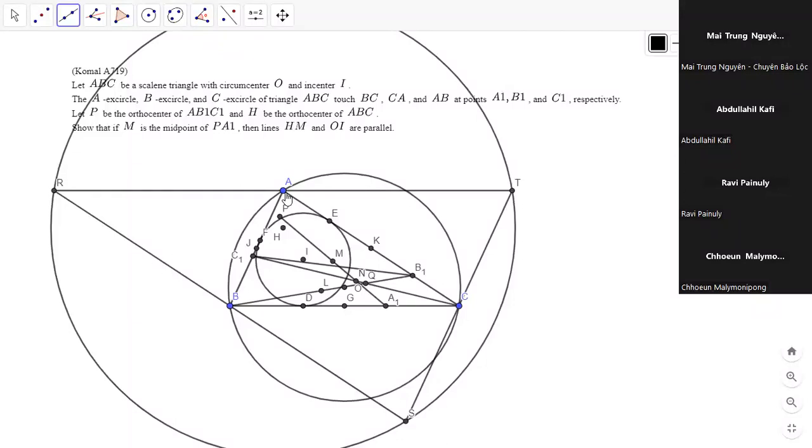We have shown LN is perpendicular to AI. It won't be that hard. Okay, because we showed PH, yeah.